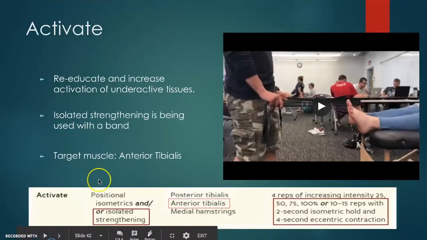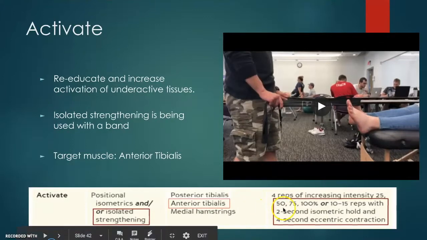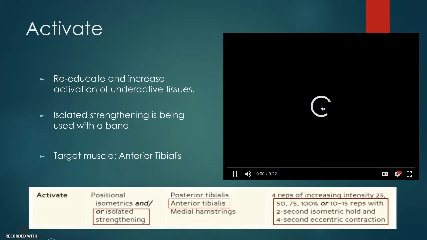And this will take us into our activation phase, where we want to re-educate and increase activation of underactive tissues, which in this case would be the anterior tibialis, using isolated strengthening with a band. And we will have her do 10 repetitions with 2-second isometric holds and 4-second eccentric contractions.